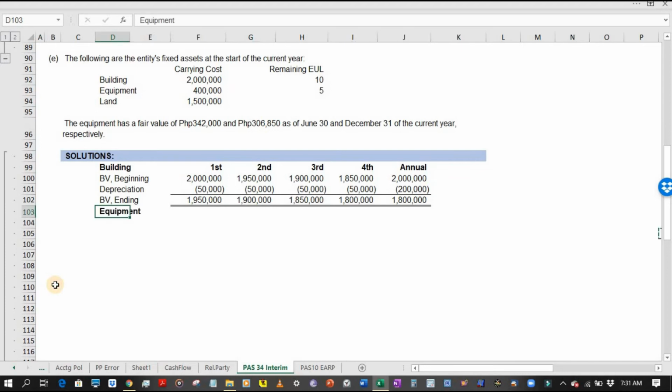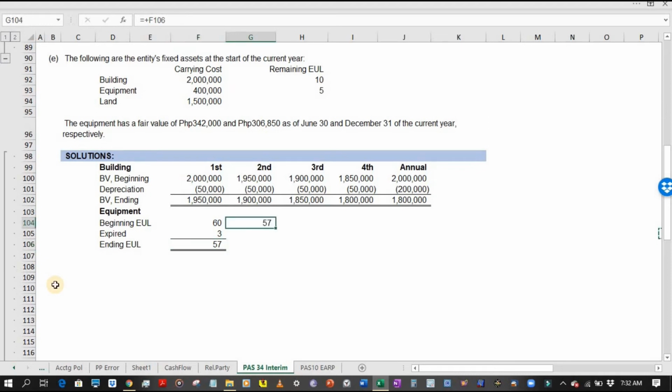For the first quarter, the beginning estimated useful life is 60 months, so that will be 5 years times 12 months. Then for the first quarter, the number of months that will expire is 3 months. So the ending estimated useful life remaining at the end of the first quarter is 57 months, and that will be the starting remaining useful life for the second quarter.